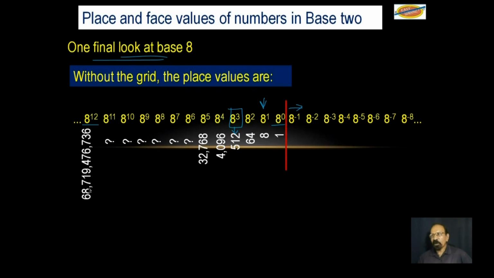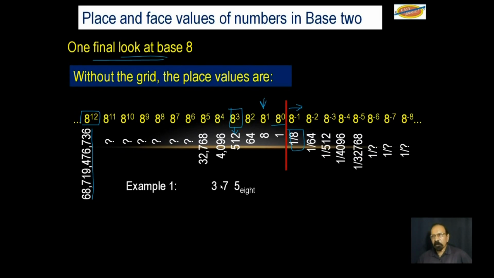Eventually, 8 to the 12th power, we get this extremely large number, that's base 10, and 8 to the negative 1, like this, and so on.